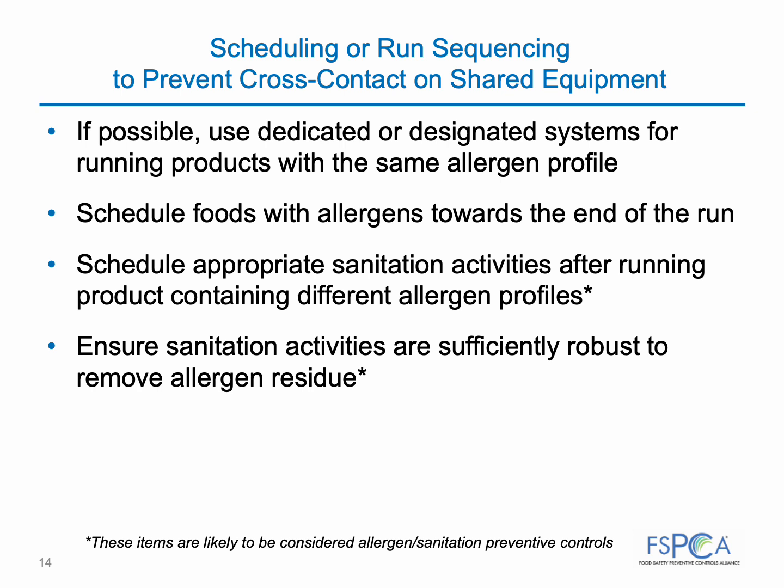If this is not possible, schedule manufacturing of non-allergenic foods before processing foods with allergens. Schedule sanitation immediately after production of foods containing allergenic ingredients. And when product design permits, add allergenic ingredients as late in the process as possible.